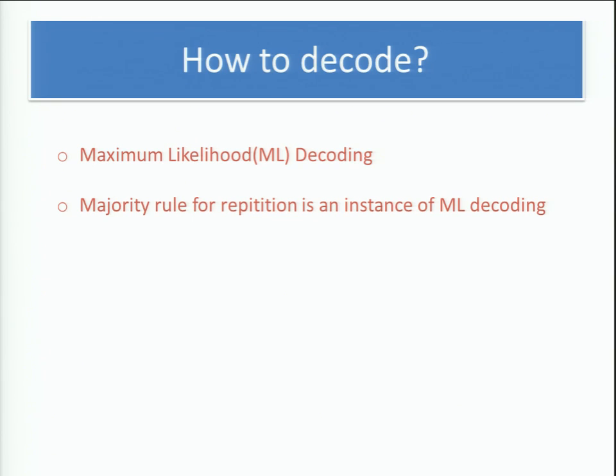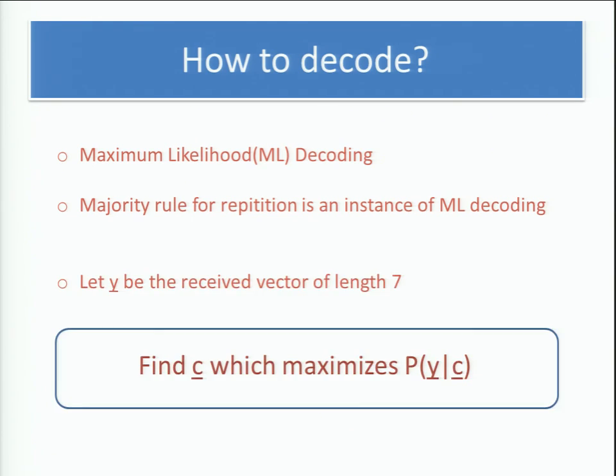Maximum likelihood decoding. So what does it mean? It is again common sense. y is the received vector. It's of length 7. And which is the code word we want to decode it to? We want to decode it to that code word which maximizes this quantity, which is called the likelihood.